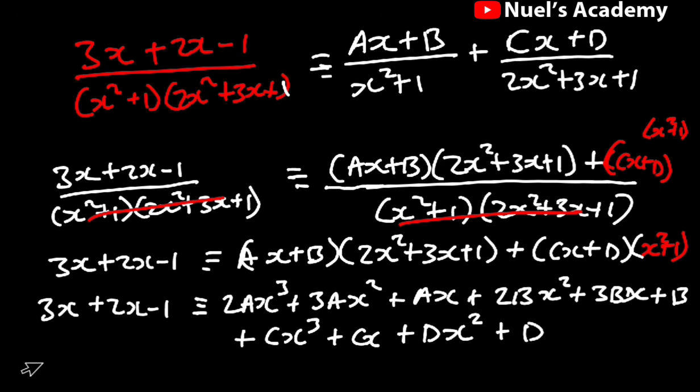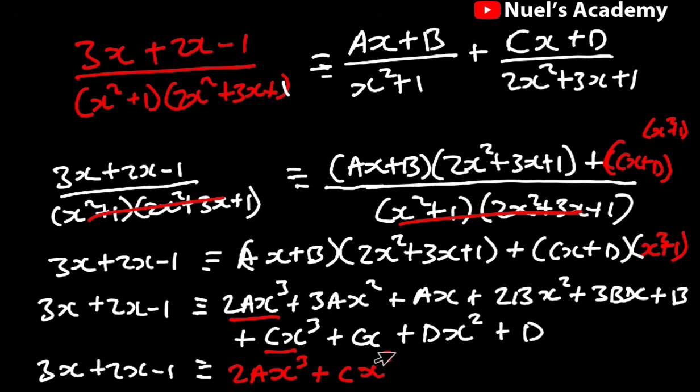So we have that 3x + 2x - 1 is equivalent to, let's collect like terms. So we have 2ax^3 and cx^3. So we have 2ax^3 plus cx^3. Now for those with x^2, we have 3ax^2, 2bx^2, and dx^2. So we have plus 3ax^2 plus 2bx^2 plus dx^2.